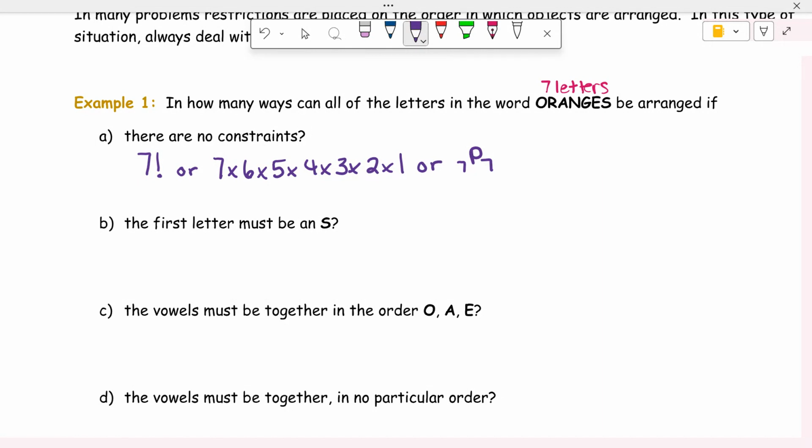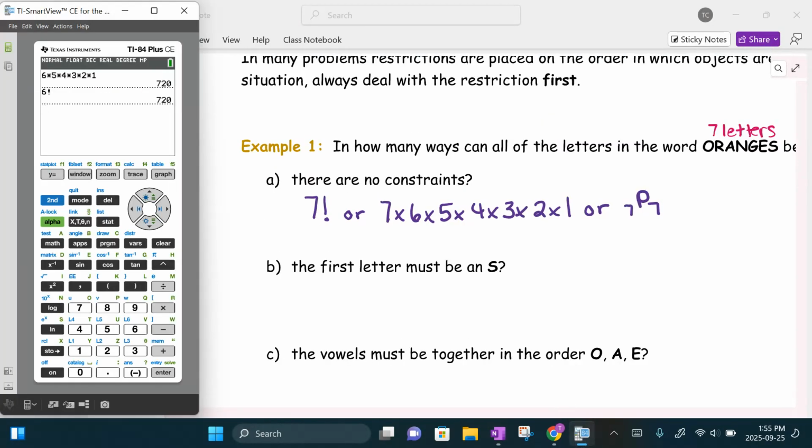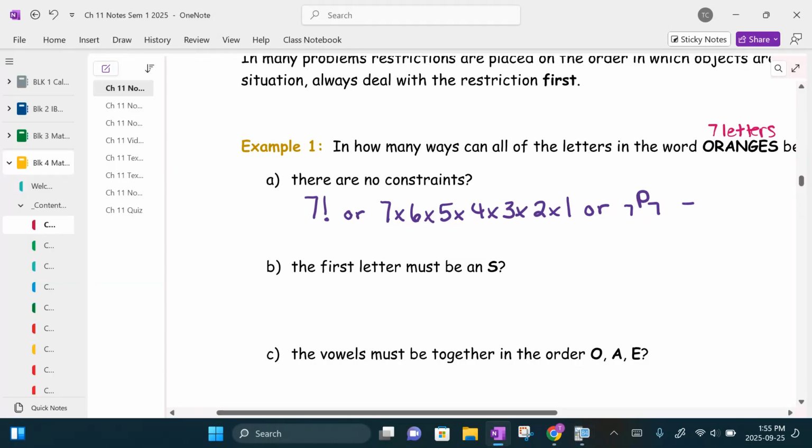So then from there, 7 factorial, so 5,040. And then next one, so that's nothing new. Okay, next one's not new either.